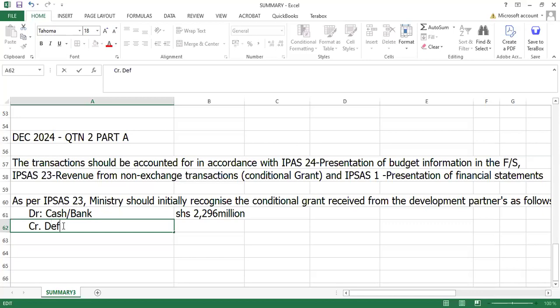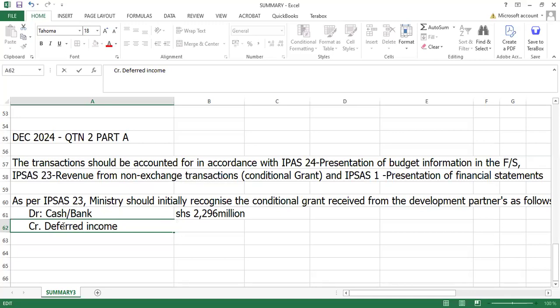That is deferred income, which is part of your liability. It's an income per se, but you can only recognize it as revenue when you have satisfied the condition. That's why you're calling it deferred income.